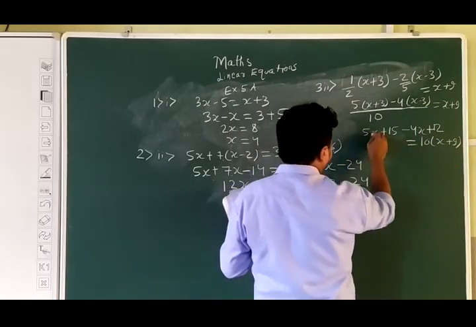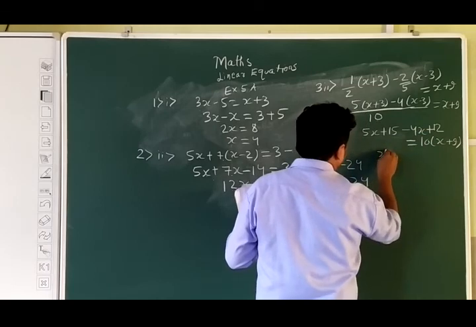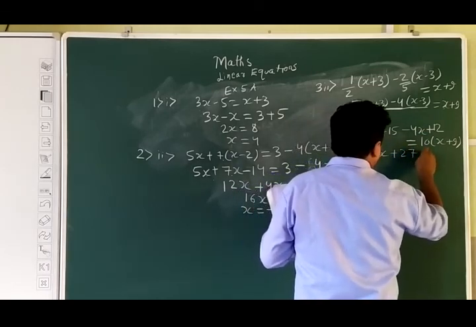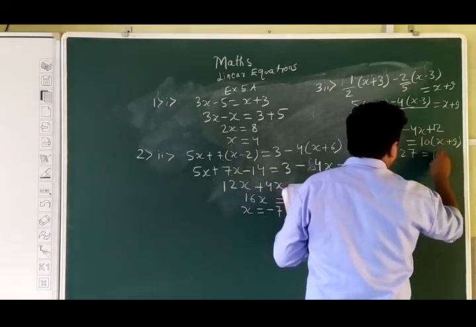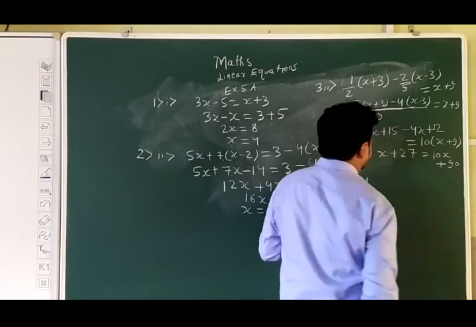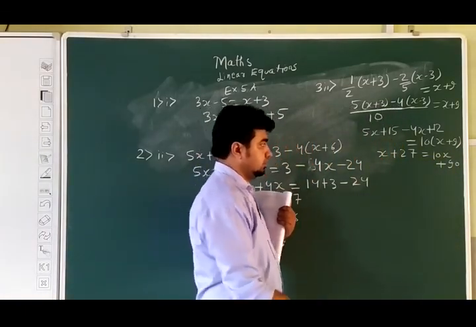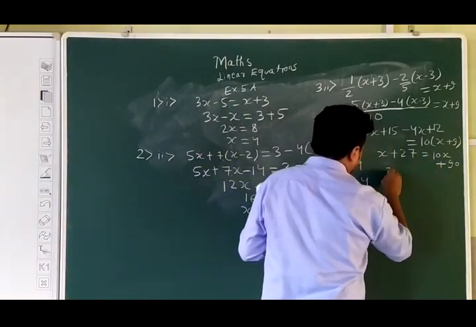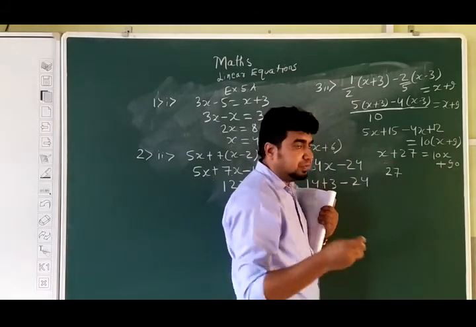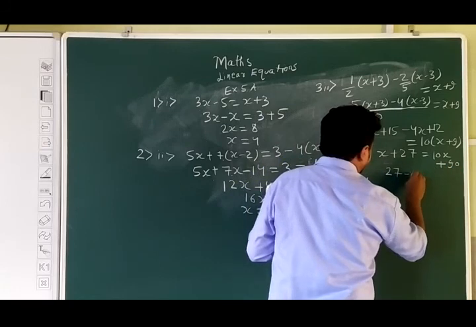From here we are getting 5x minus 4x is x. And from here x plus 27. Here it is 10x plus 90. So from here this 27 and this plus 90 will go to the left side, it will become minus 90.